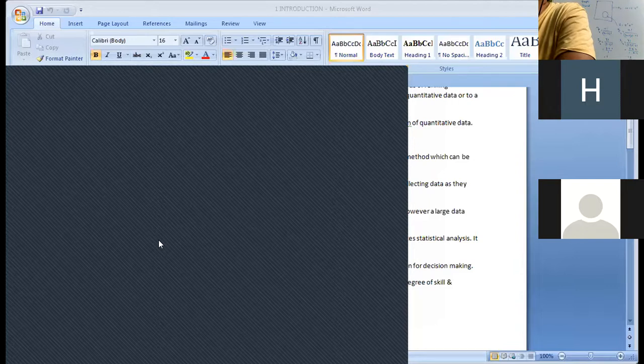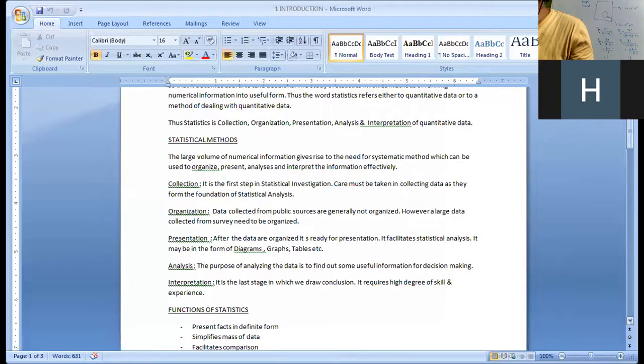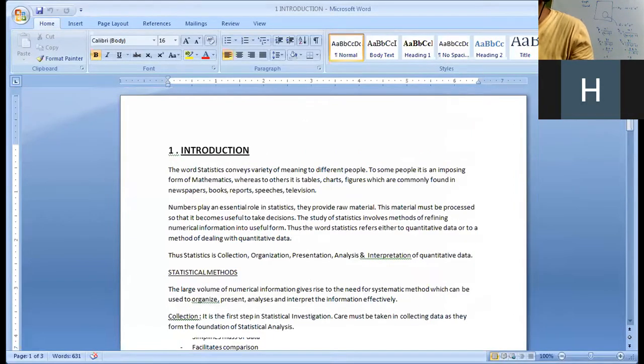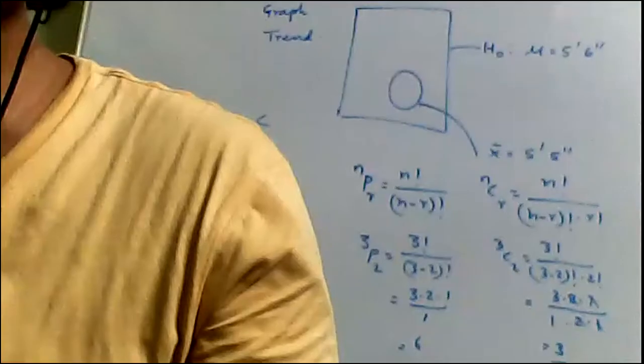So screen is blur right now. It's not visible. You have opened some document. That's why it is not. Very good. Right now it's okay, sir. Fine. Yeah, now it's good. Thank you, sir.